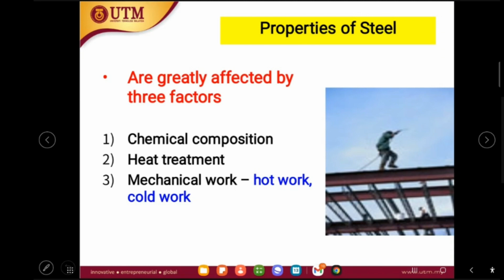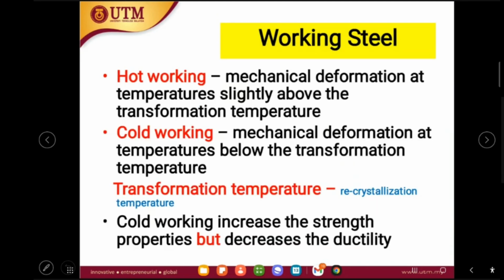The properties of steels are also greatly affected by three factors. One is the chemical composition, which is the iron, manganese, and also the carbon. Then whether it is heat treatment, hot work, or cold work. So what is meant by hot work or cold work?